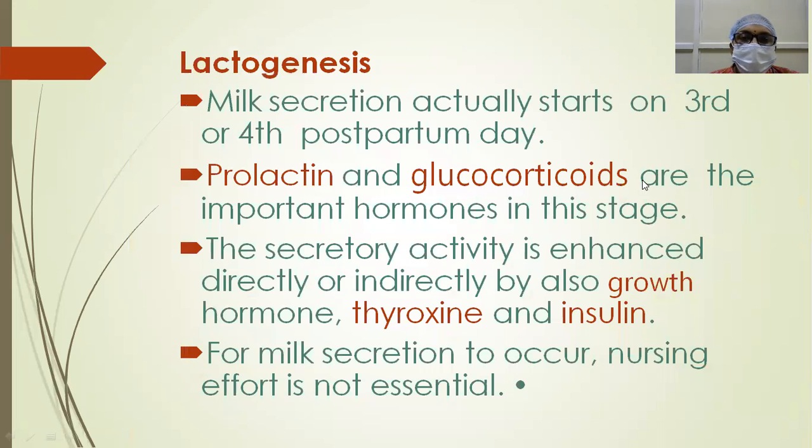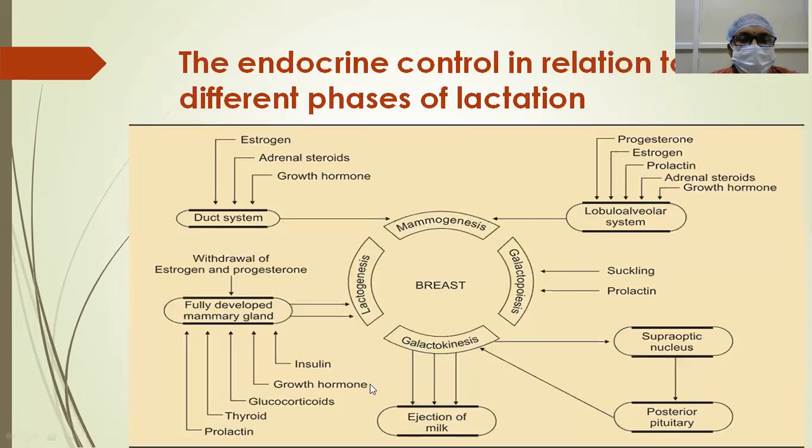Prolactin and glucocorticoids are the important hormones in this stage. The secretory activity is enhanced directly or indirectly also by growth hormone, thyroxine, and insulin. Like I told you, growth hormone, glucocorticoids, insulin, thyroid, and prolactin are needed for the secretion of milk.